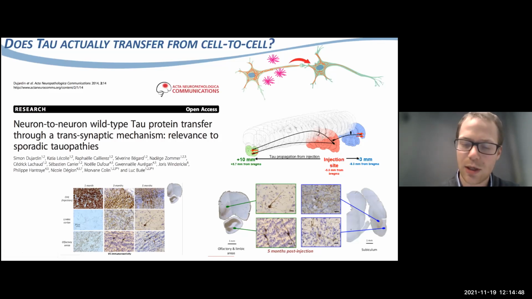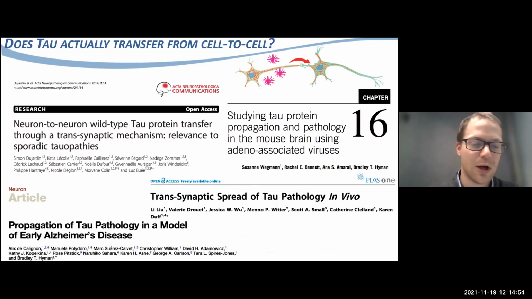So that was quite the first evidence. We did a bunch of controls to verify that it was actually legit. And that was also confirmed by many teams working on the same thing at the same time, in different types of models. Some of them were transgenic models with an exclusive expression in the entorhinal cortex, and some of them were also models of injections, but not in rats and mice.